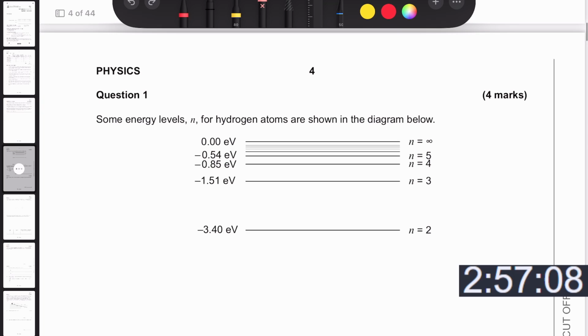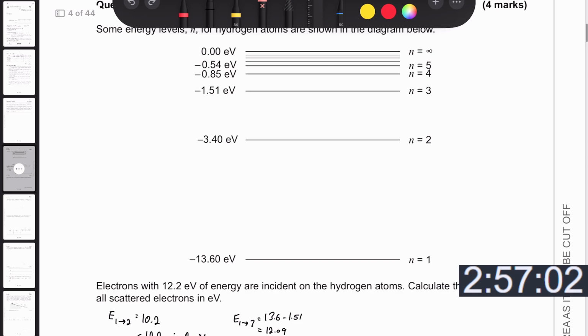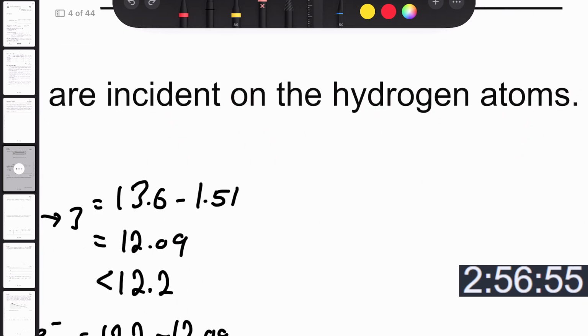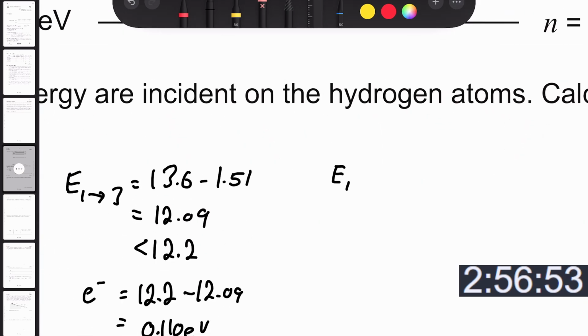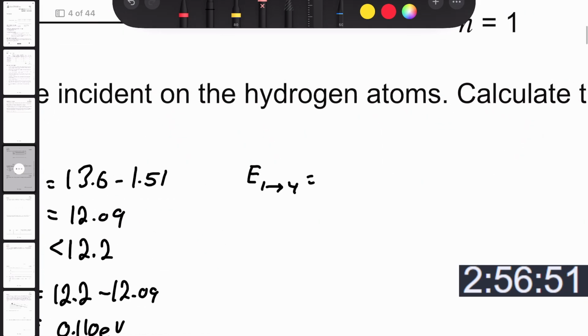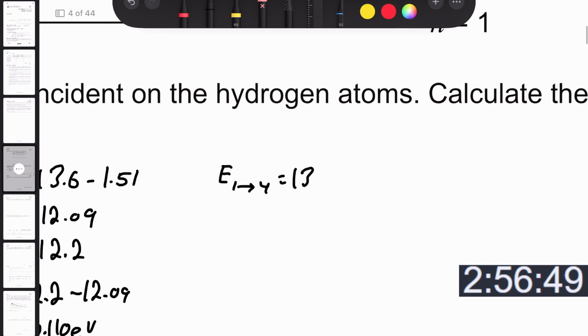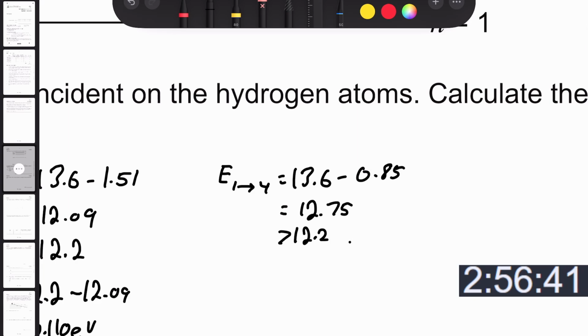Then I can go 13.6 minus 0.85. So 13.6 minus 0.5 is too far. E1 to 4 is 13.6 minus 0.85, 12.75, and 12.2, that's not possible.